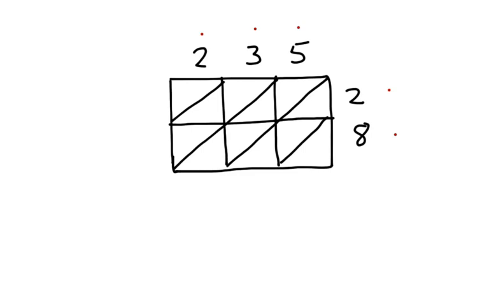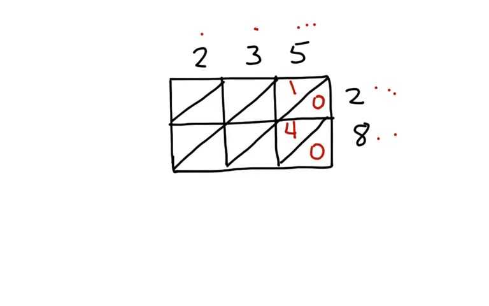So for example, our first bit of multiplication, we're going to do 5 times 2, and that is 10. The ones digit goes in the lower half of this box, and the tens digit goes in the upper half of this box. When we do 5 times 8, we get 40. 3 times 2 gives us 6.